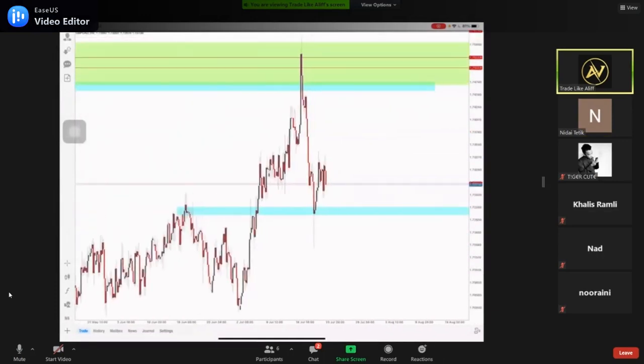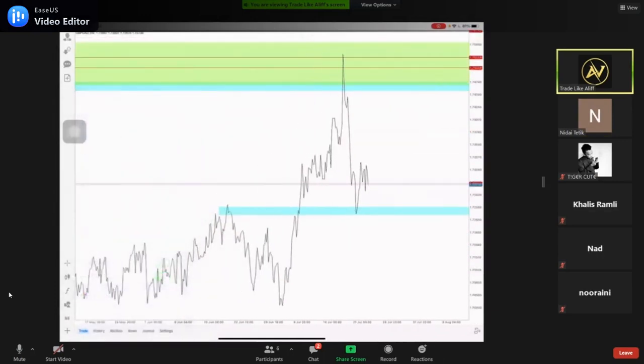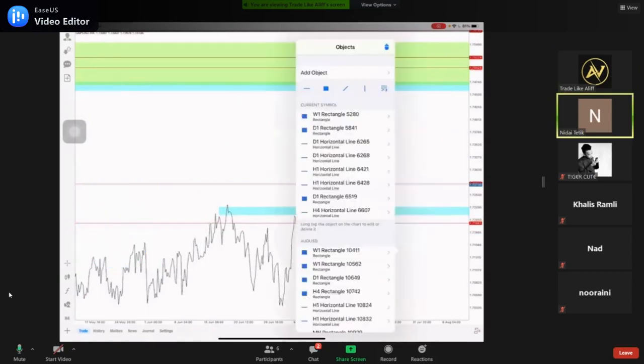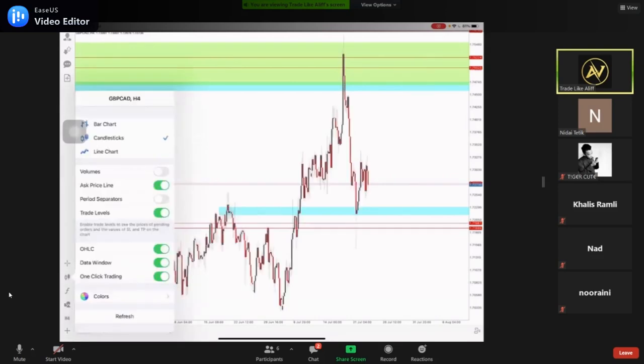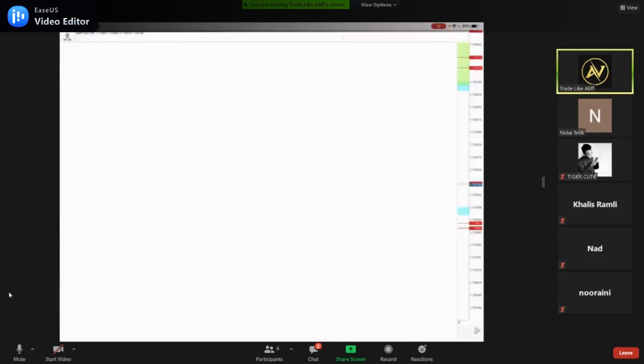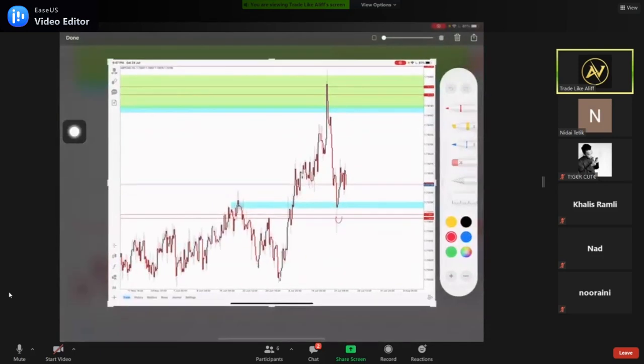H4. Yeah, second breakout. It's waiting for the second breakout. So same here, you can entry, no problem.